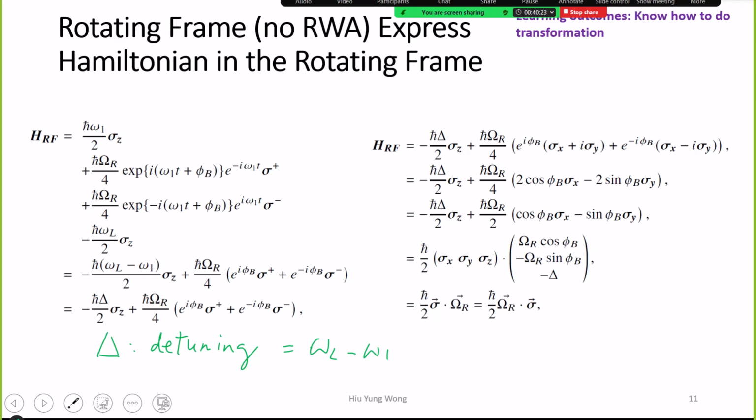The qubit has two levels, and its precession frequency is proportional to its energy difference, right? You can think of that as maybe the resonance frequency of the bridge. And omega 1 is a perturbation, or in this case, a real force that applies to this bridge. So the difference between these two frequencies is the detuning. And you can imagine when you have zero detuning, you will get into resonance.